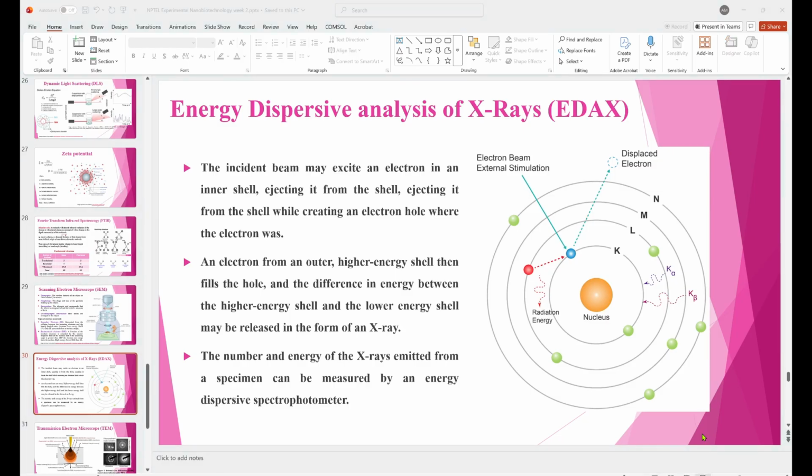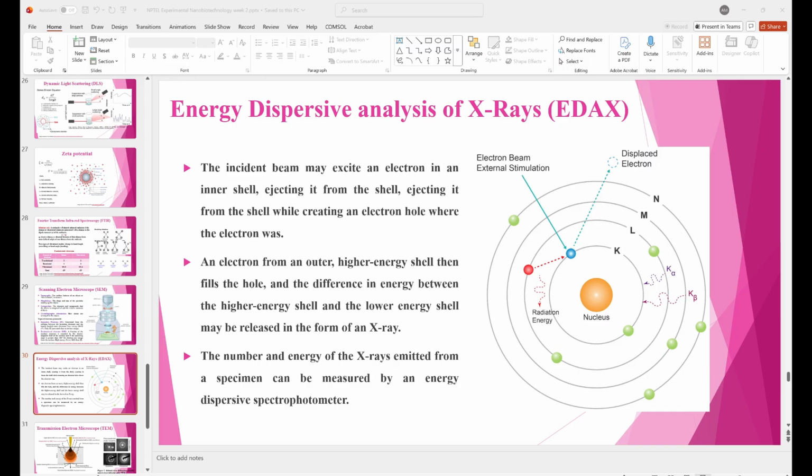Okay, so this is the principle of EDAX. The incident beam may excite an electron in an inner shell, ejecting it from the shell while creating an electron hole where the electron was. So the electron is getting displaced, and there is a hole, a positive charge here. An electron from an outer, higher energy shell then fills the hole, and the difference in energy between the higher energy shell and the lower energy shell may be released in the form of an X-ray.